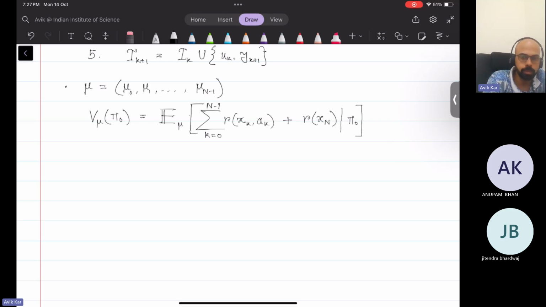The aim is to find the best policy, the one which maximizes this for any initial distribution, called the optimal policy.